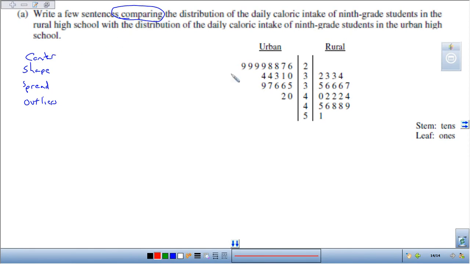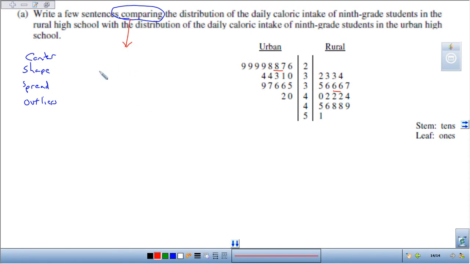So let's look at center here first of all. We can say the center is somewhere down around here, maybe down around this range here for the urban school, while the center would be somewhere up here for the rural school. It's not as important to say the actual answer.